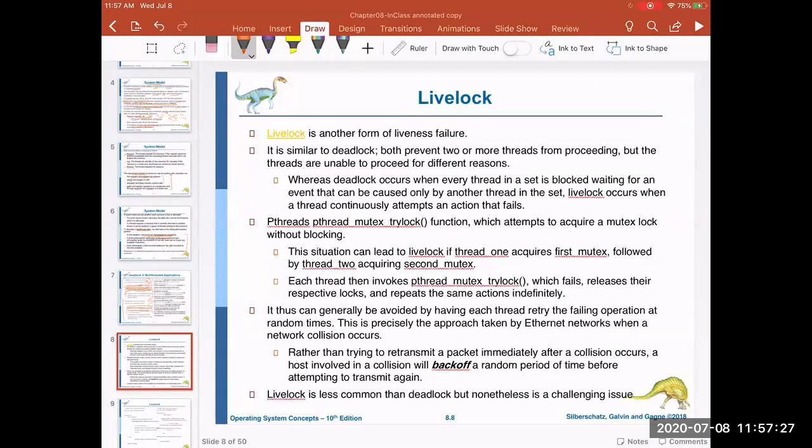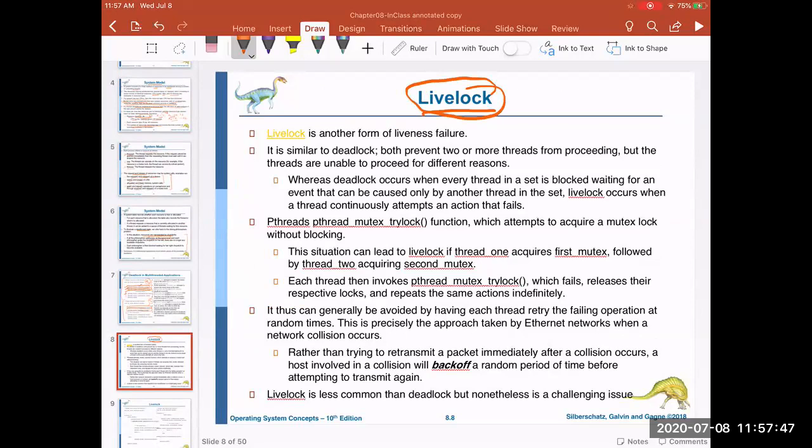Okay. Now there is another situation, and basically this is kind of a solution for deadlock, but this also sometimes goes into a problem. Remember, we discussed liveness in chapter 5 or 6.